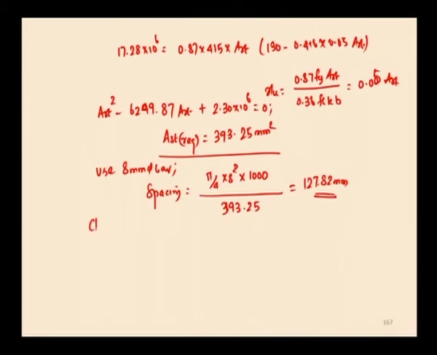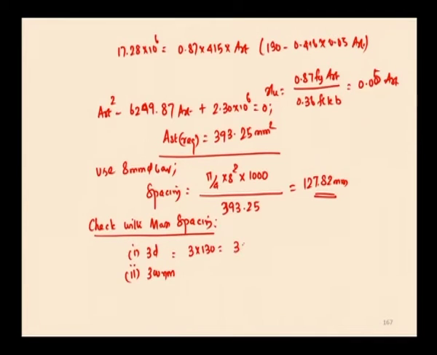I am going to check before finalizing the spacing of reinforcement. I am going to check this spacing with the maximum spacing as per IS 456. The maximum spacing should not exceed the least of the following, that is 3 into d, or 300 mm. So, 3 into 130 is equal to 390 millimeter.